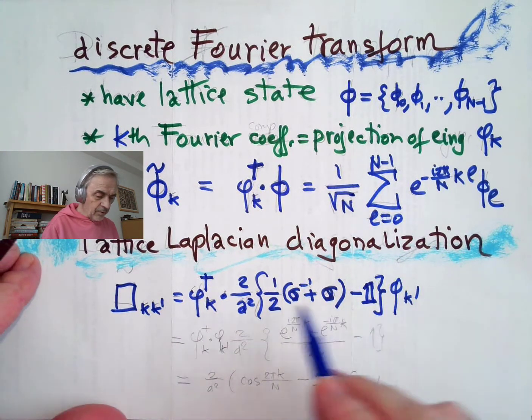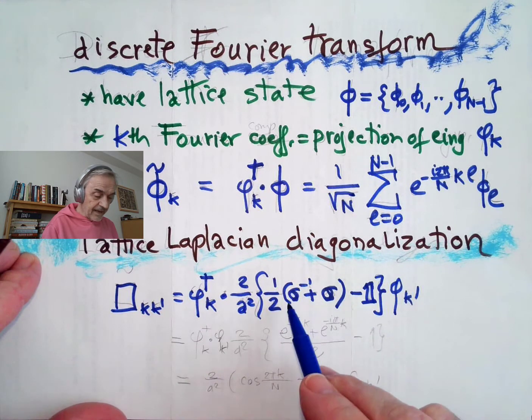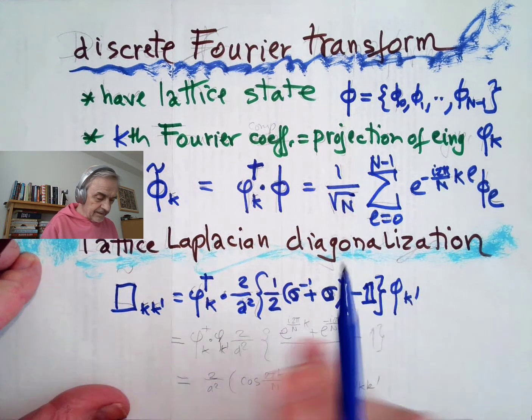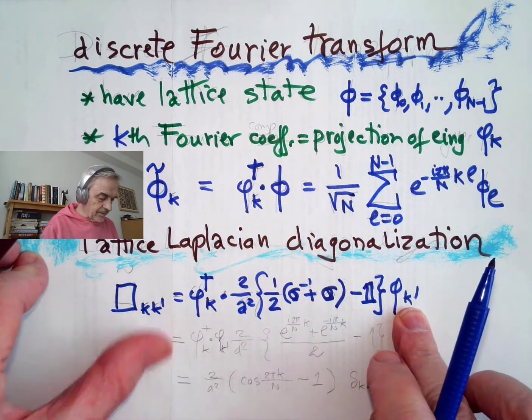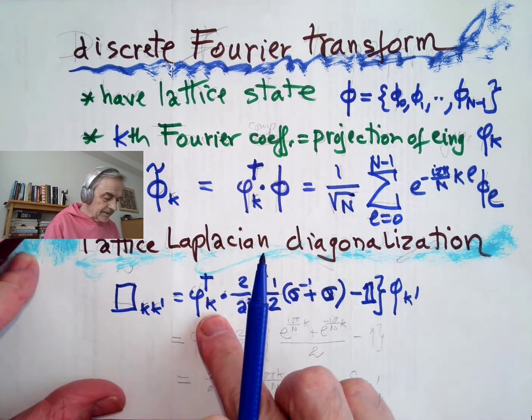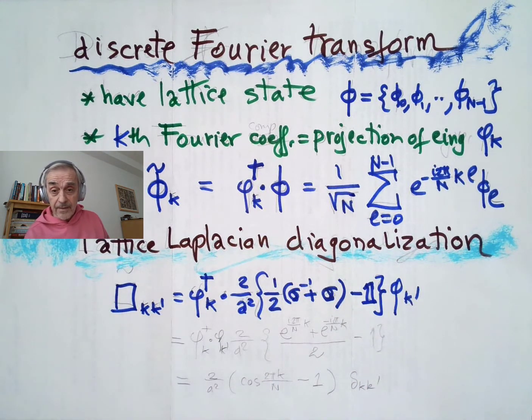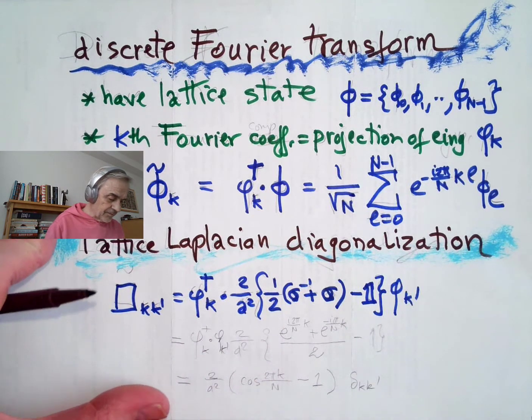Now, I know that these are eigenvectors of translation operators. So I'll get a number times a translation operator. And multiplying by this, I find out that the Laplacian in Fourier space has components only on the diagonal where k equals k prime. That's the whole point. That's why we learn Fourier transforms.